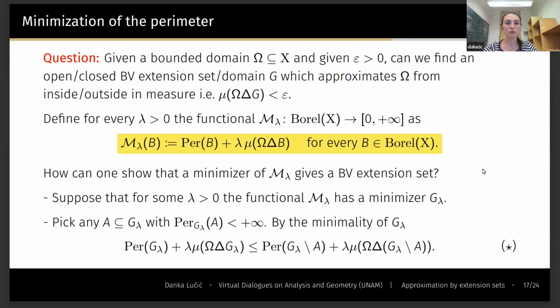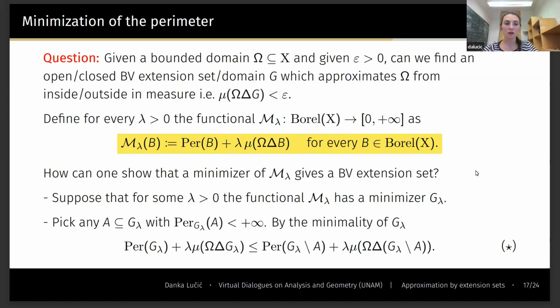In order to address this question in this generality, we are not using a constructive way, but rather using a minimization of a functional, which is going to be defined as follows. For every lambda, we define a functional on the set of Borel sets as the perimeter of a set plus lambda times the measure of the symmetric difference between our domain and the Borel set.